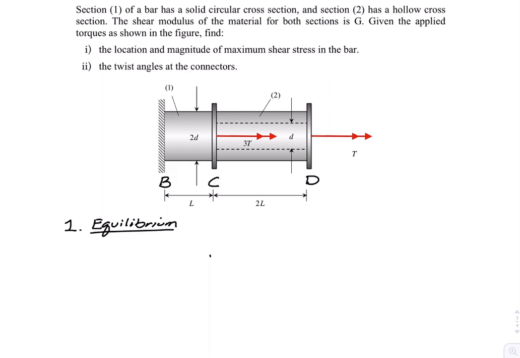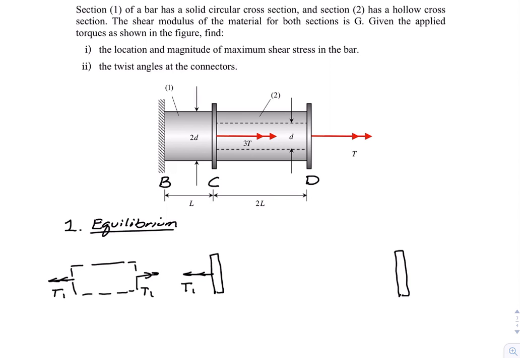What I'm going to do is draw the free body diagrams of our connectors C and D, keeping in mind that between connector C and the wall is member 1. So member 1 is carrying an internal torque there of T1. So we know the equal and opposite on this connector C is torque T1.